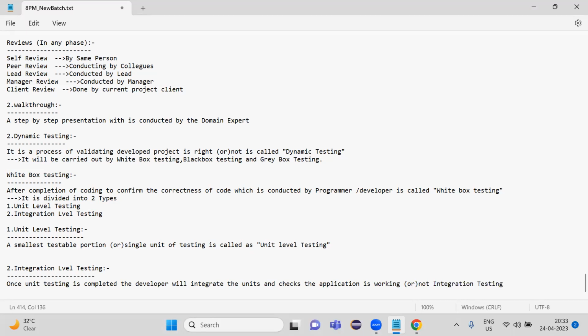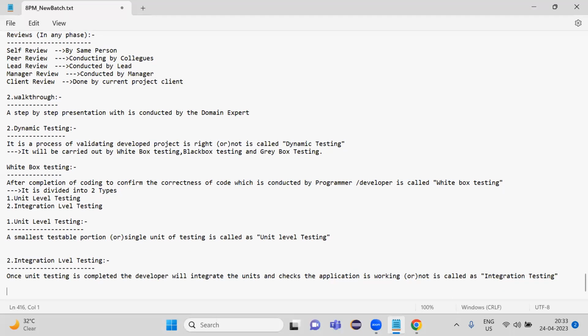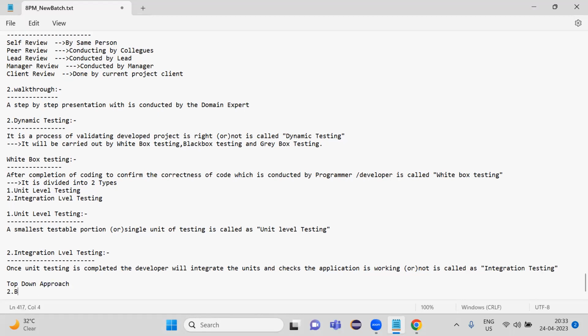Okay. Coming to integration testing, they will follow different types of approaches. Who will follow the different approaches? The developer has to follow. What are the different types of approaches? Top down approach. Second one is bottom up approach.